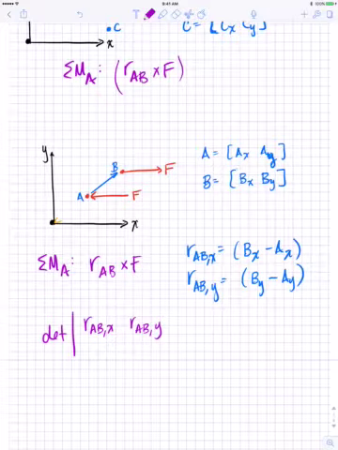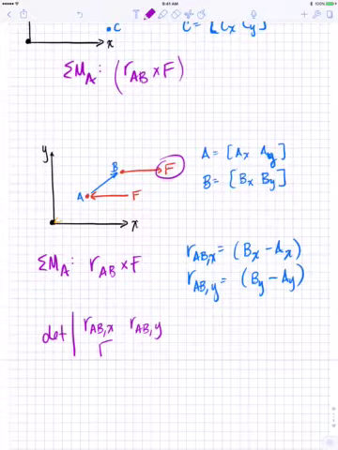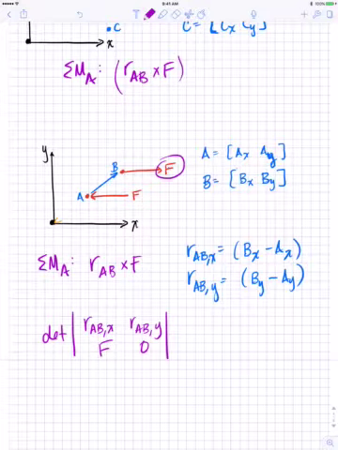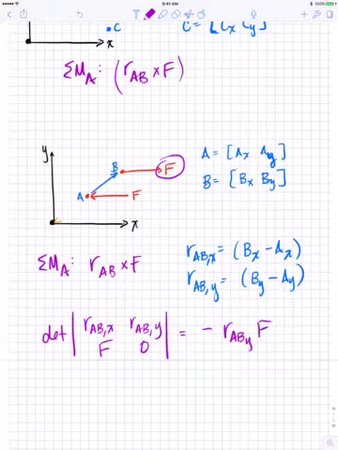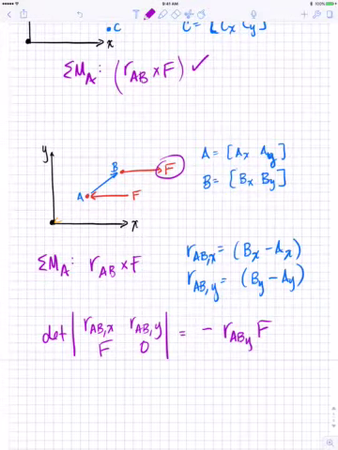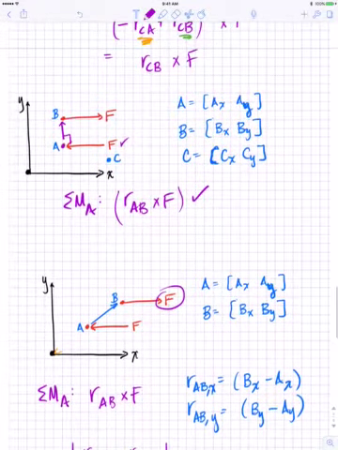I'm taking the moment about A due to this force F, which is acting in the positive X direction, so that's F, 0. And now you'll see that you get minus RABY times F, which is exactly what I showed you up here.